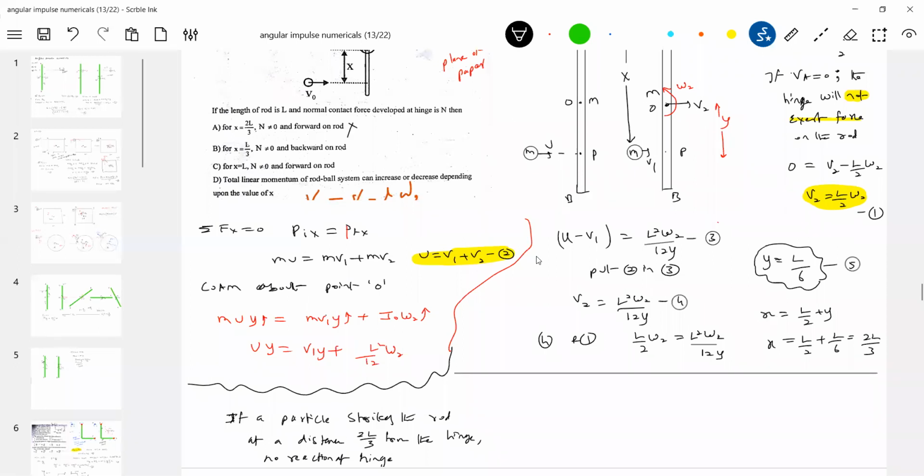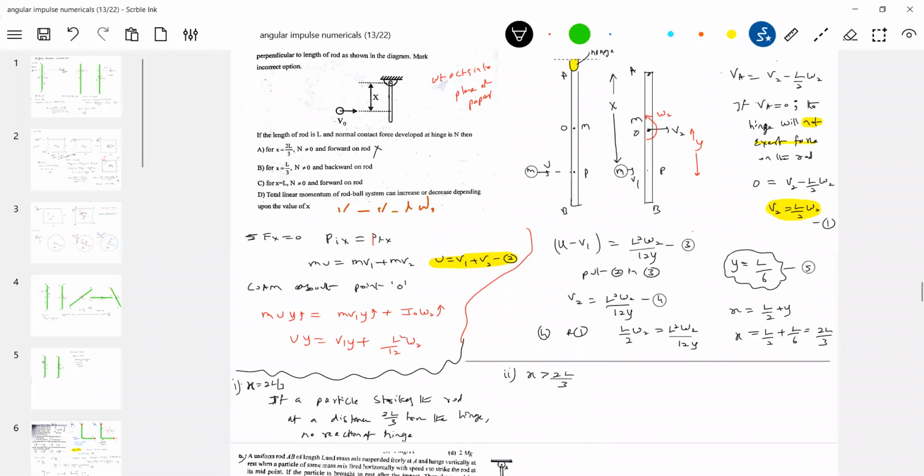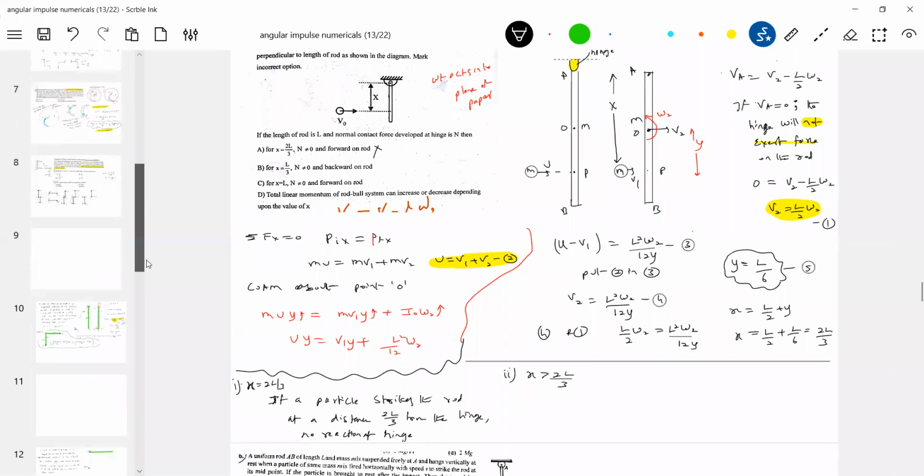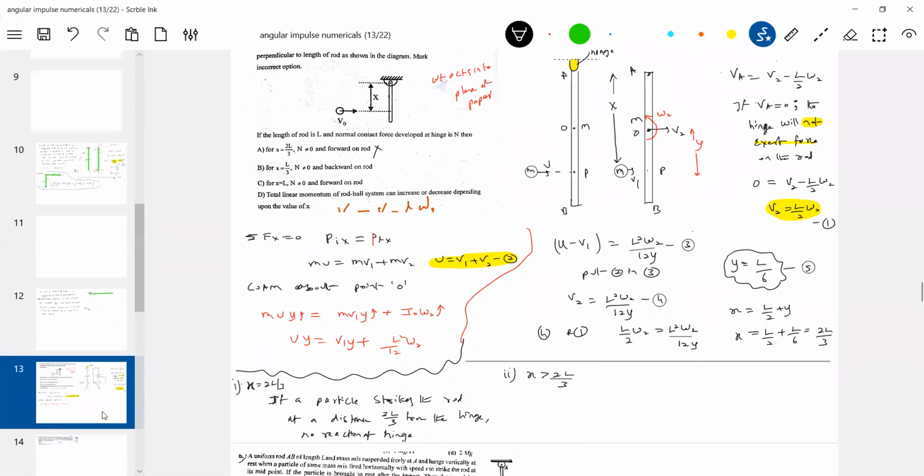Next, for x greater than 2L by 3, in what direction will the reaction act? That's the first case; this is the second case, x greater than 2L by 3.